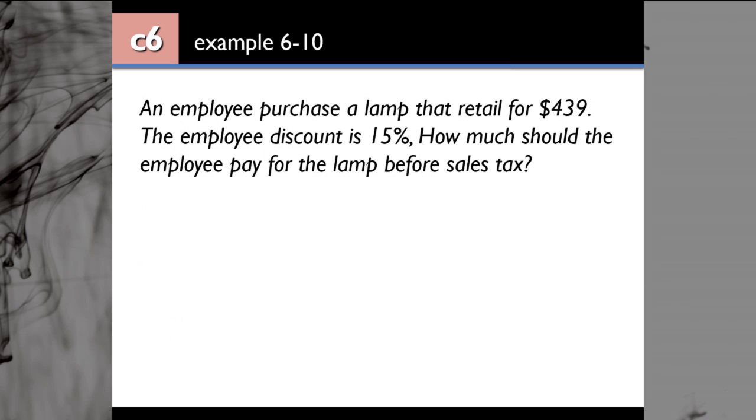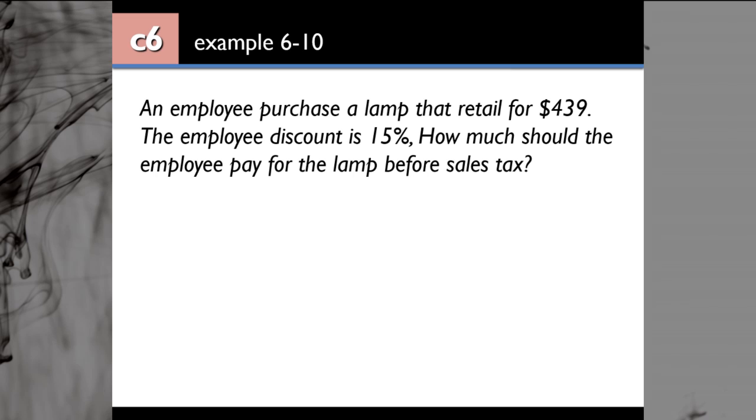And let's look at an example about the employee discount. An employee purchased a lamp that retails for $439, and the employee discount is 15%. How much should the employee pay for the lamp before sales tax?